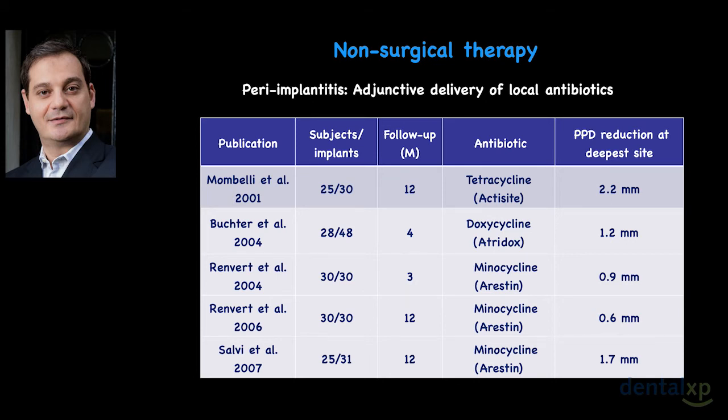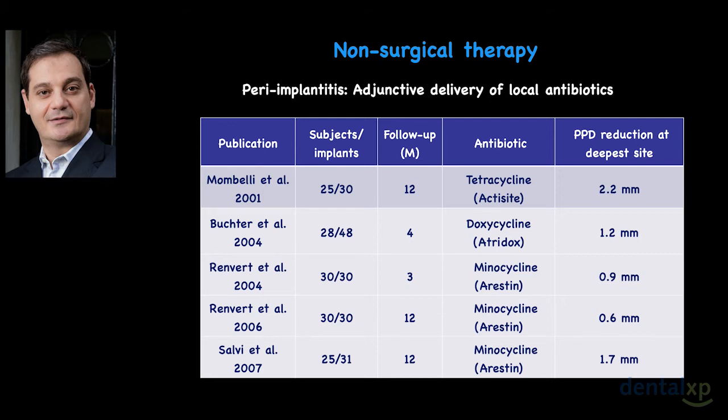And again, the assessment was based on pocket depth. And again, as I said, pocket depth is not an accurate measure in implant dentistry because it differs due to the forces and also the anatomy around an implant. So yes, there is some resolution in my opinion, but that was resolution of the inflammation around an implant.